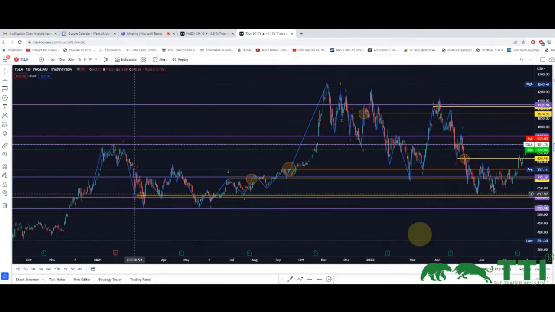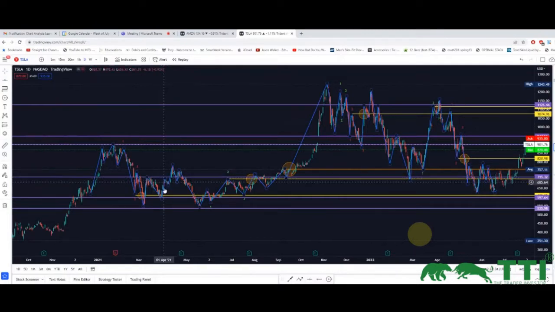Okay. And then you see here it keeps going. It's still a lower high, but then you see a higher low. You say, okay. But then you get hit with a lower high. So it's not really a structured break.